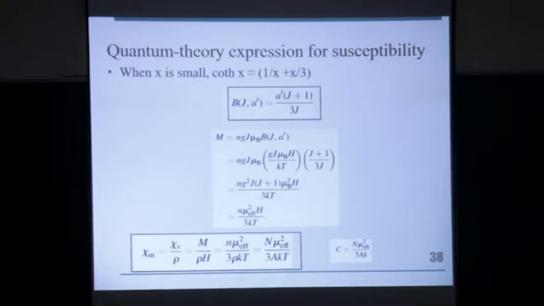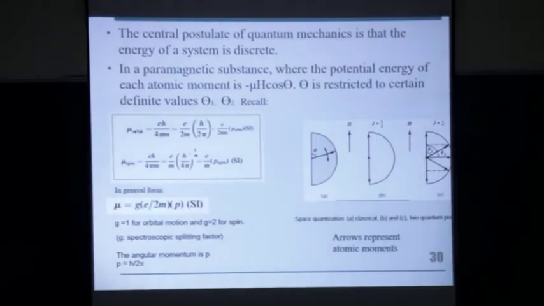Now we can move a little bit further and look at the susceptibility in the quantum limit. If you look at the susceptibility in the quantum limit, you can see it sort of looks like what we derived yesterday for the classical limit, correct? It looks somewhat similar. The only thing is, here you have mu effective, whereas earlier you had mu.